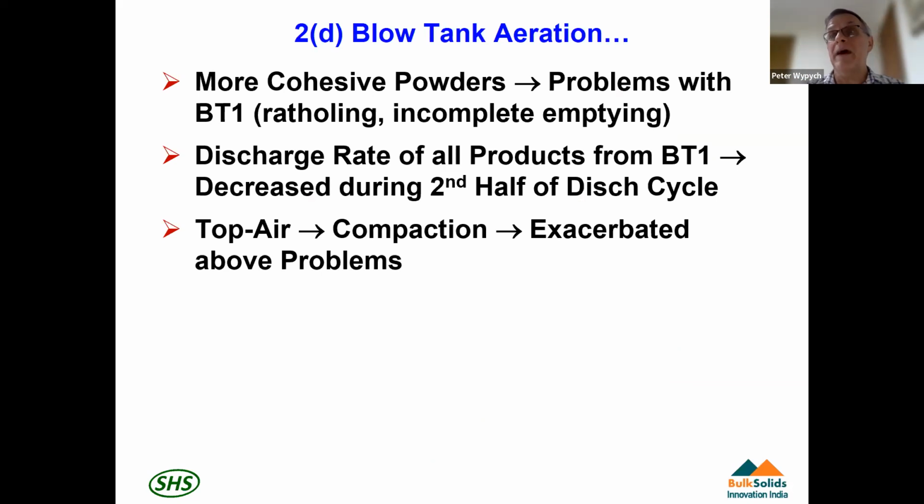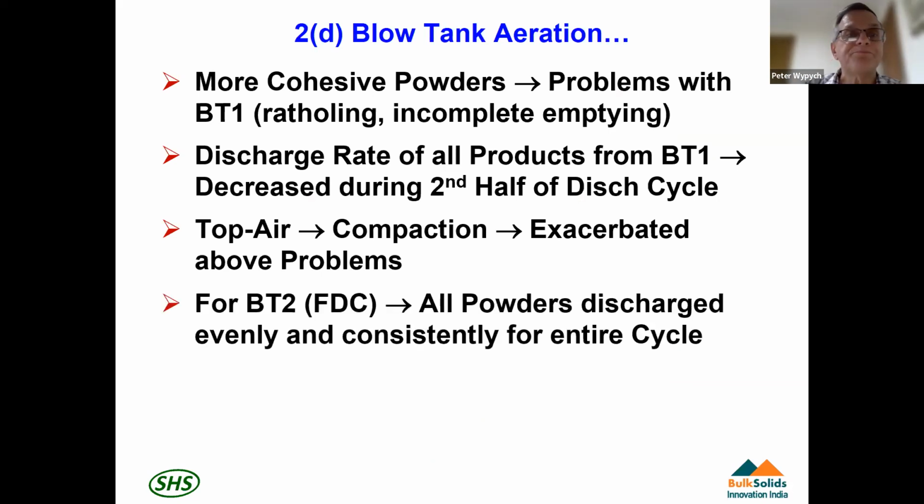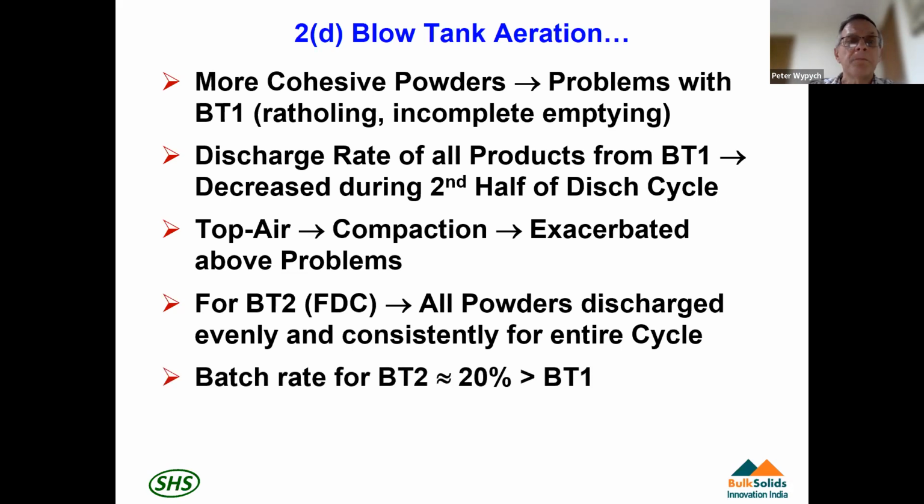So with a lot of fine powder systems, we tend to use fluidizing cone air only. We do some makeup air, as I showed you before, with an extra aeration line, but we tend not to use any top air. Blow tank 2 is fitted with the fluidizing discharge cone. All the powders, the fine stuff and the coarse stuff, discharged evenly and consistently to the last drop of product in the blow tank. For the entire discharge cycle, it was linear, straight down to 0.